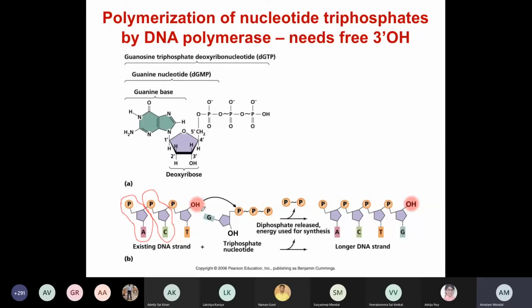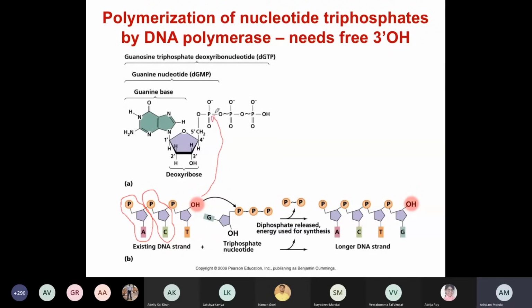And now imagine there is an incoming nucleotide, or dGTP, which is coming so that it could be incorporated in this particular chain. In order to get incorporated, the last free 3' OH will perform a nucleophilic attack at this particular position.